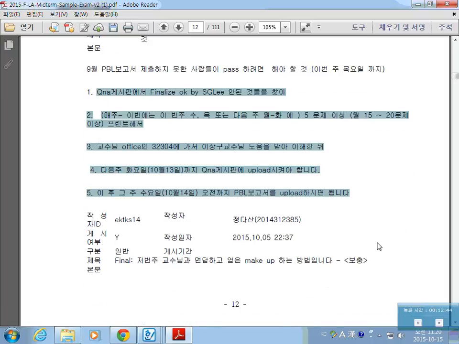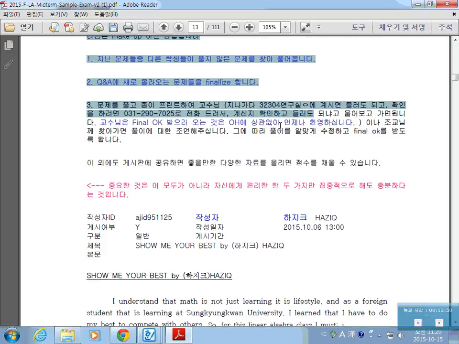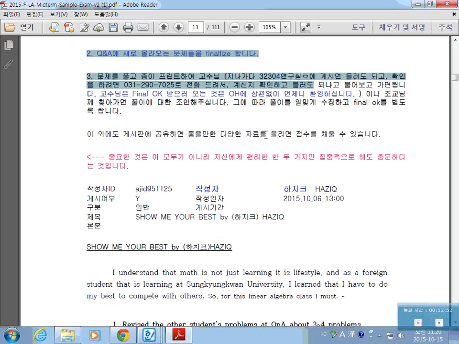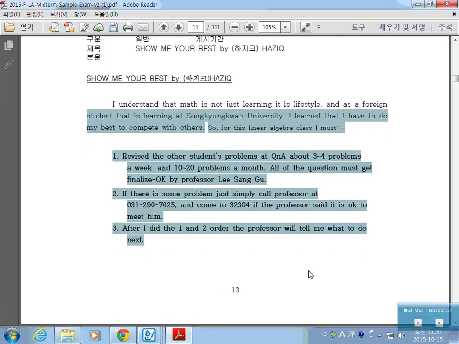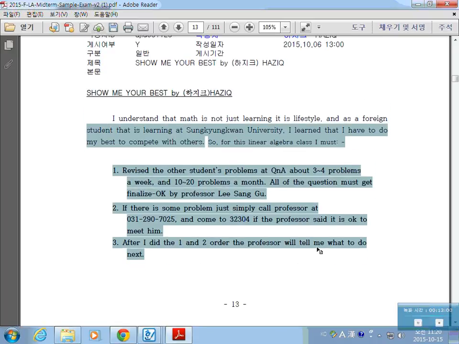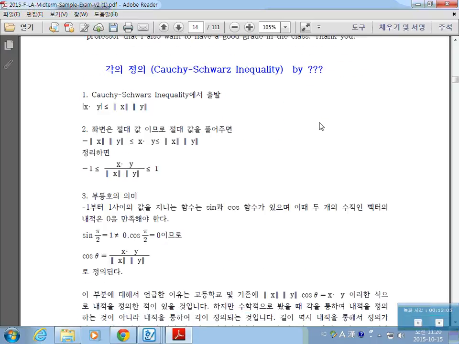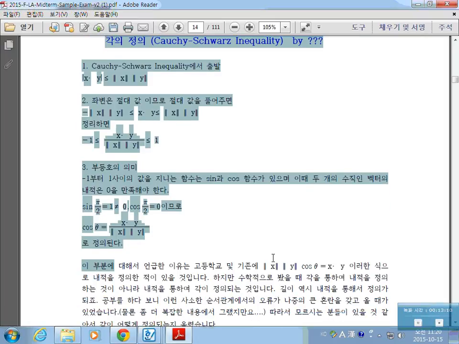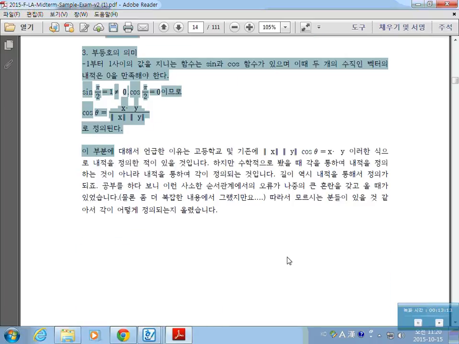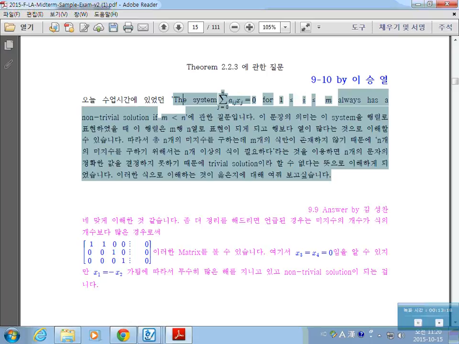And Mr. Jung Da-san also added some comment that he liked to share. And Mr. Hajik also wrote some comment for other international students to catch up. And Mr. Kim added some extra information on Cauchy-Schwarz inequalities. And Mr. Lee Seung-yeol gave a proof of one simple fact which was mentioned in the book.